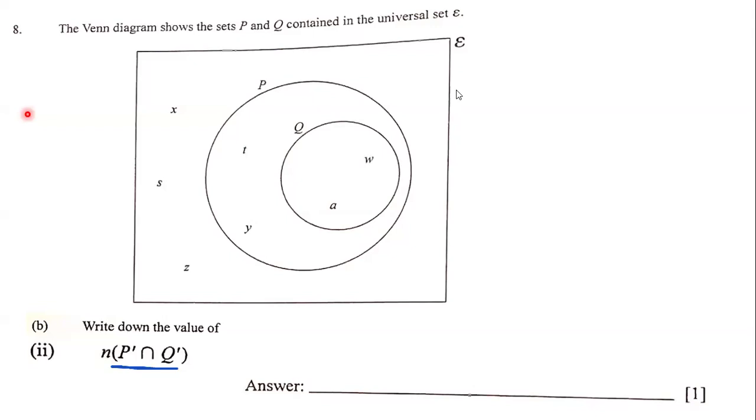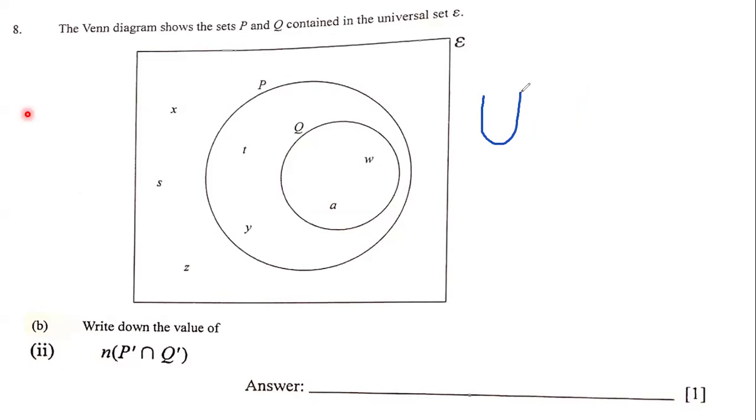Intersection. So wait, is the union like this, or is the union like this? The union is the first one, and the intersection is the second.